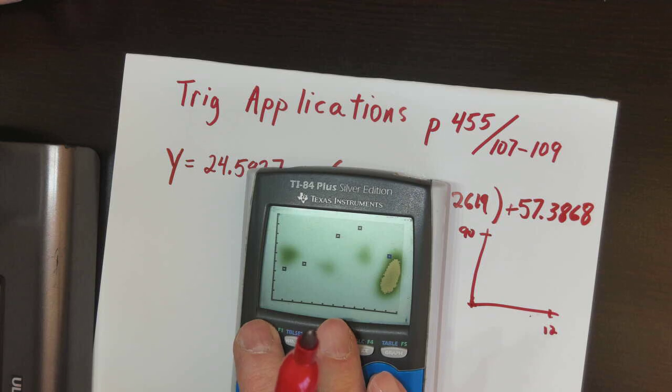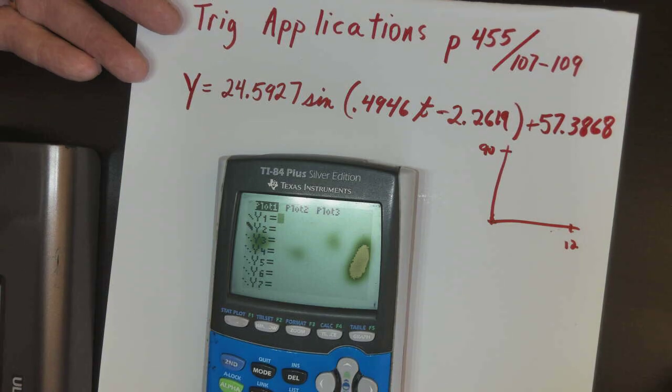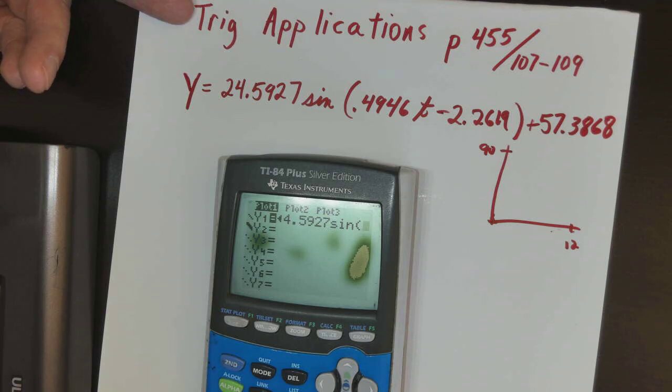All right, now I'm going to hit the y equals button because I want to put this graph in. I've got 24.5927 sine of 0.4946x minus 2.2619, close those parentheses, and then add 57.3868.